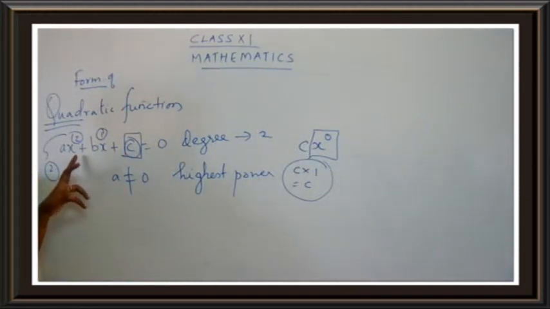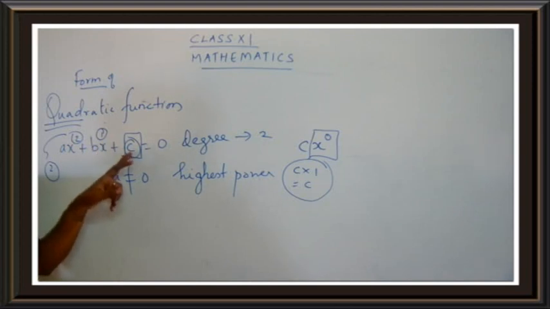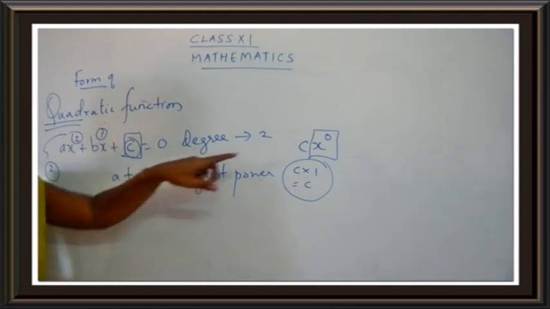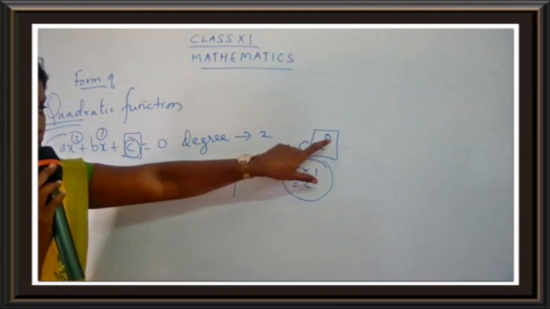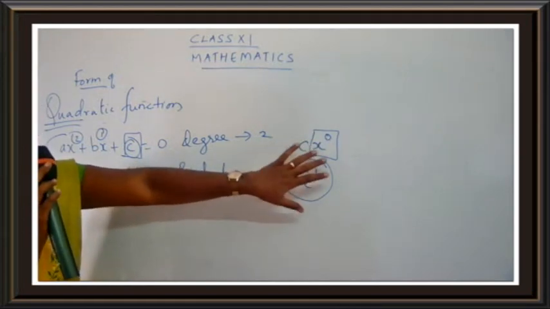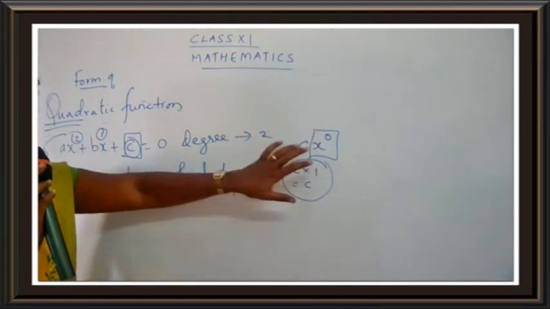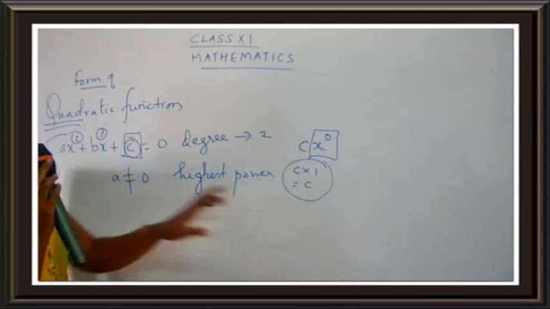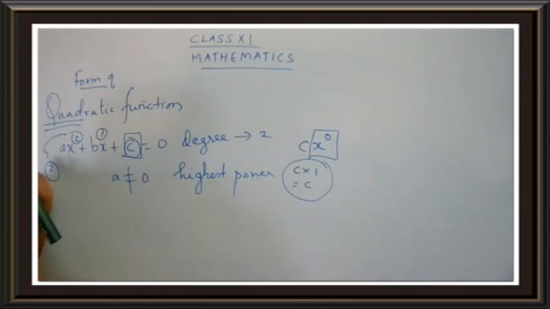So remember, what are the powers here? We have the power 2 here. We have the power 1 here. And what is the power here? It's 0. That is c into x raised to 0. When you simplify it, you get c into 1 which is equal to c. So you have 2, 1, 0 as the powers, and from that, which is the highest one? 2 is the highest power.